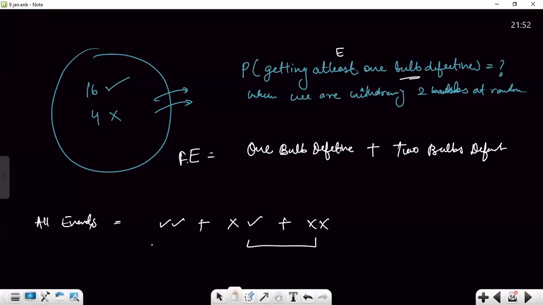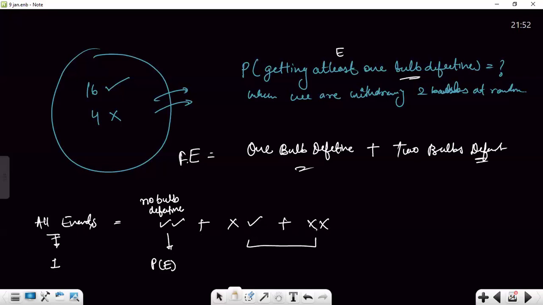So the possibility of getting at least one bulb defective means one bulb or 2 bulbs defective, and this is the no bulb defective case. Some of the events has to happen, so its probability is 1.